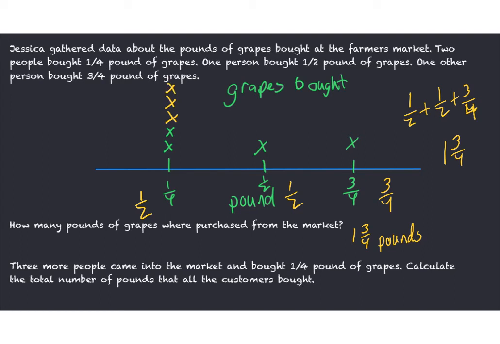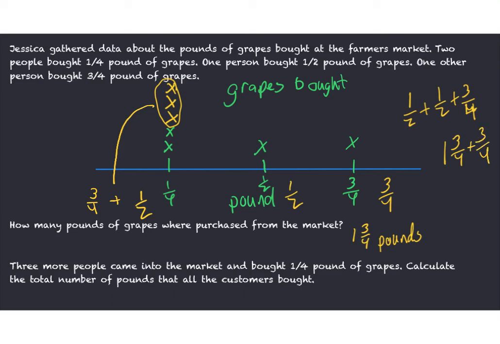And so now I need to add these 3 to the information that I have from earlier, because earlier I added up all the X's that I placed, but I just now added 3 more X's above the 1/4. So 1/4 plus 1/4 plus 1/4 is equal to 3/4. So now this information is going to give me an additional 3/4. So I can add my answer from earlier and then add another 3/4 to it.